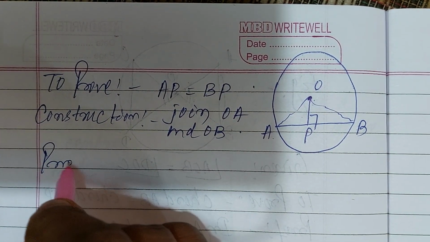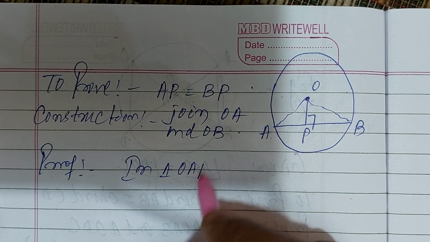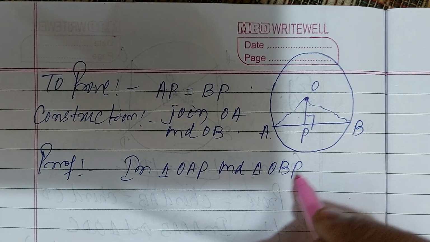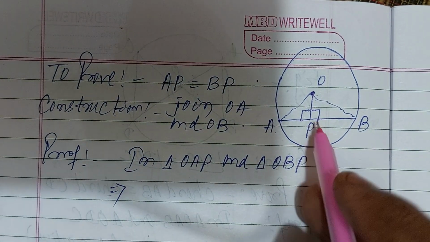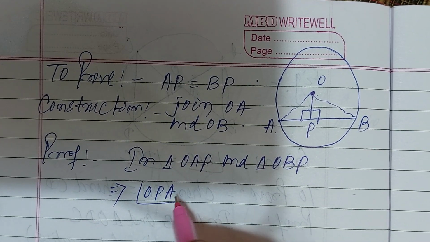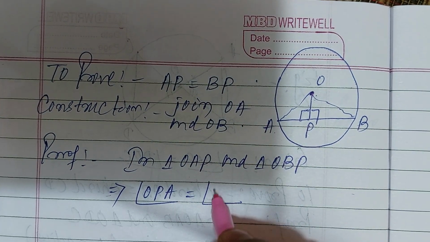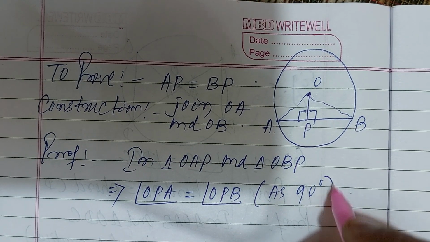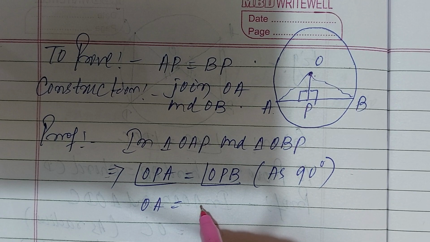Now prove it. In triangle OAP and triangle OBP, what do you get? Angle OPA is equal to angle OPB as perpendicular, meaning 90 degrees, right?